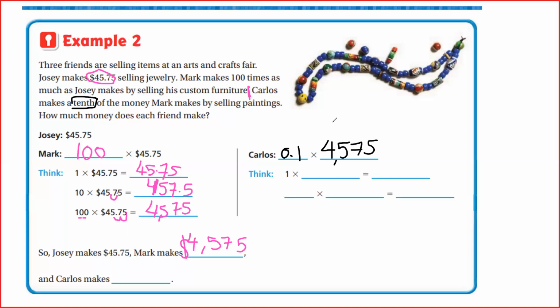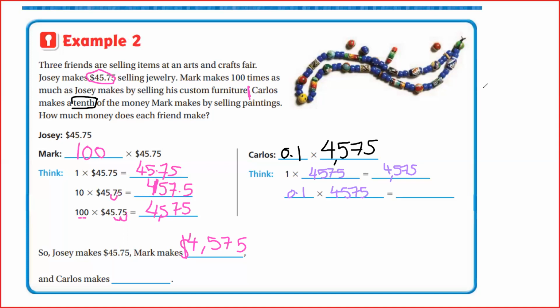4,575. The number that we found before. So now, when I multiply it by 0.1, where should I move the decimal point? You should move the decimal point 1 digit. 1 digit to the left or to the right? To the left. To the left, thank you.